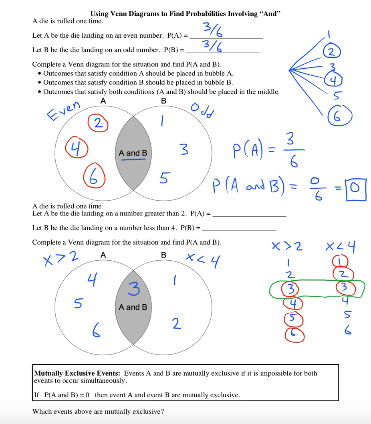Now, can we use the Venn diagram to find the probability of A? Yes. What we want to do is look for any outcomes which are inside the A bubble. And it's not just 3, there's 4 of them.